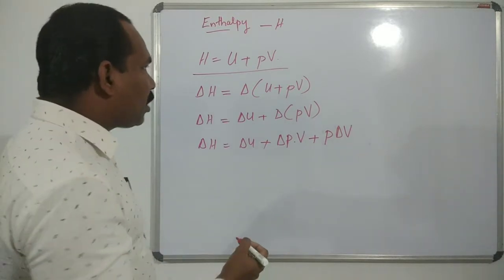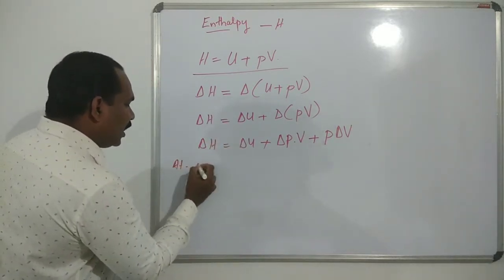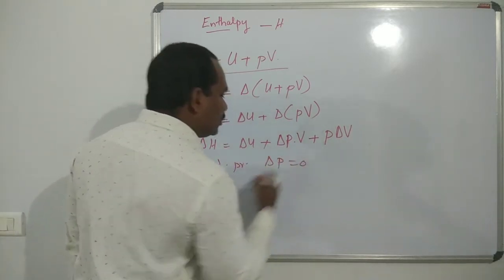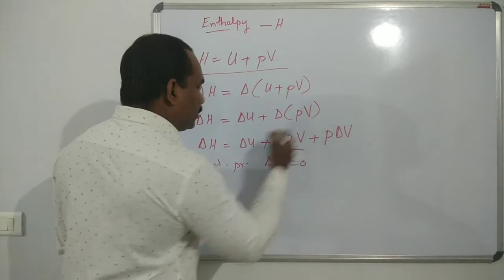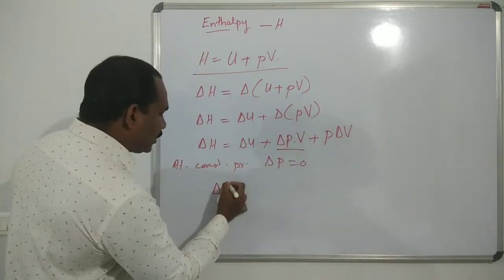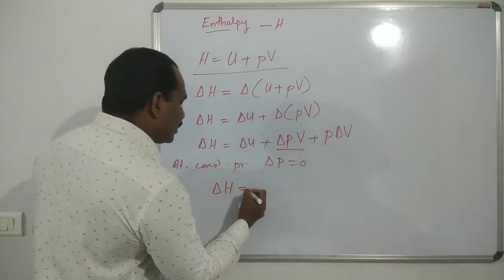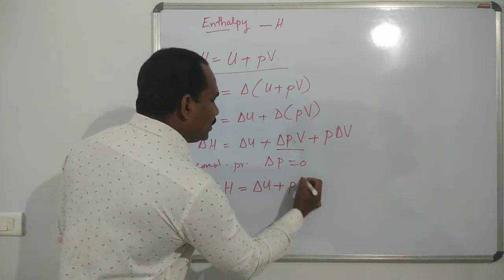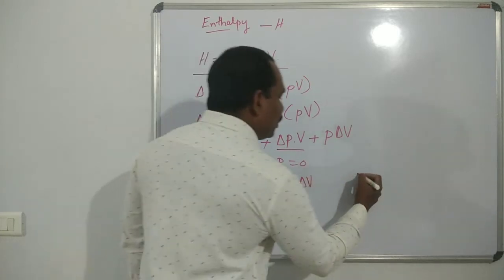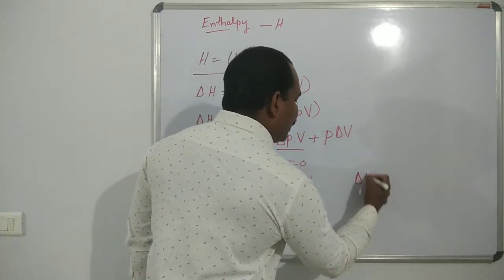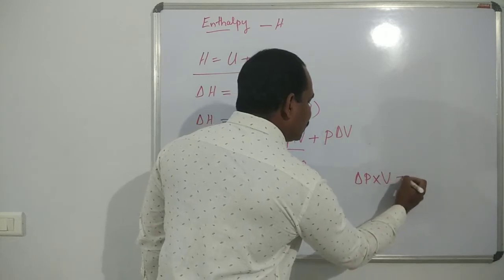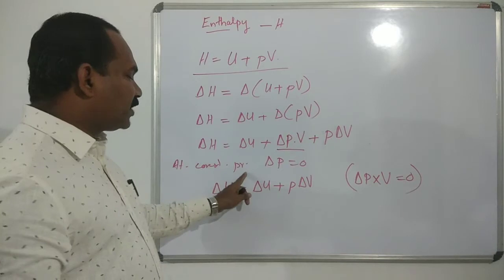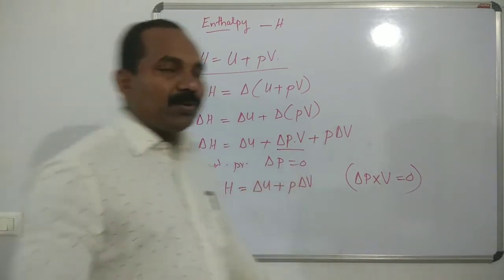As you know, at a constant pressure, delta P is equal to 0. So this term becomes 0. We can write that delta H is equal to delta U plus P delta V. Delta P into V is equal to 0 because at a constant pressure delta P is equal to 0.